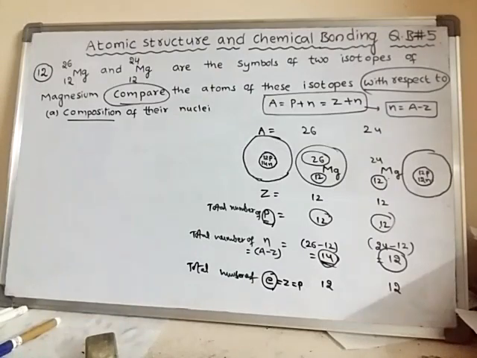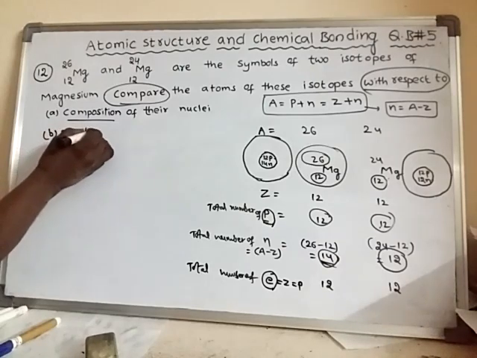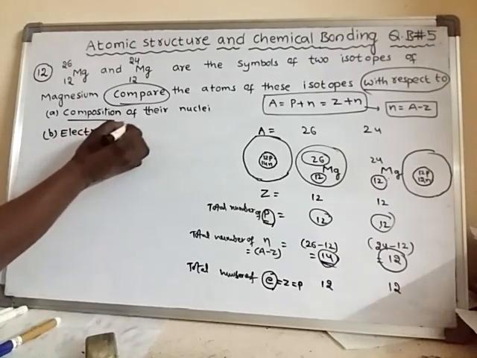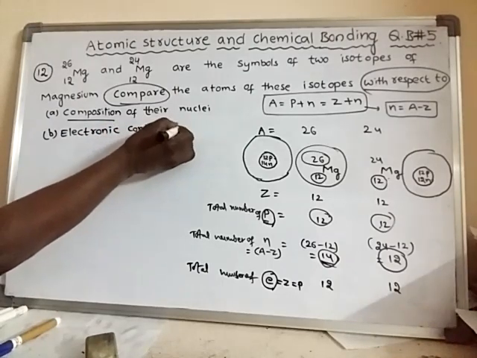Right. Next, there is another sub-question in this 12th question. What is that? Electronic configuration. We have to write the electronic configuration. What is the meaning of electronic configuration?